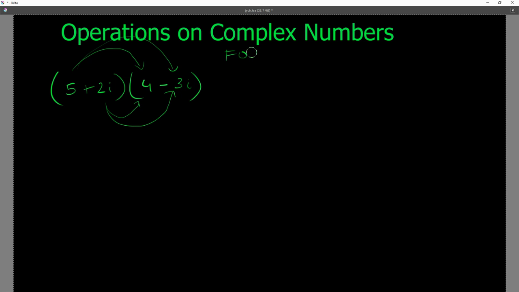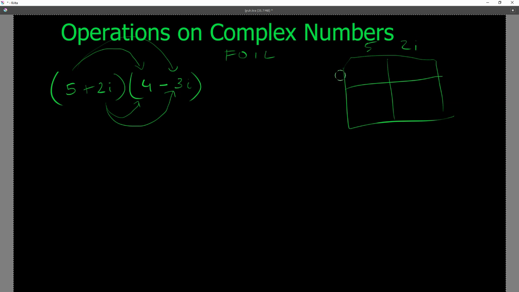Sometimes they call this FOIL. Sometimes they do the area model like this, whichever way you're comfortable with, right? So you can do it this way, like 5 and 2i, and then 4 and negative 3i. Then you do 20 and 8i. Here you have negative 15i. Here you have negative 6i squared.